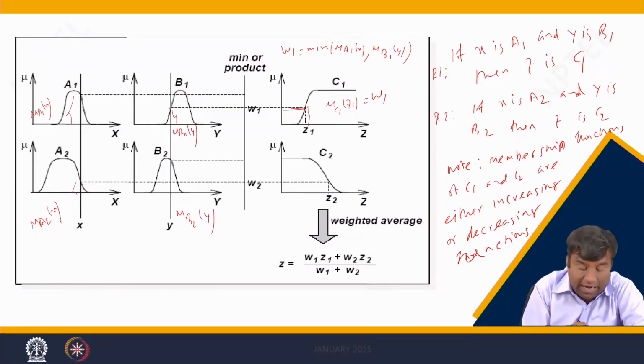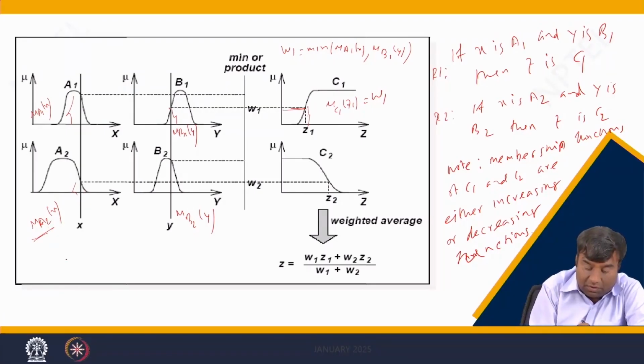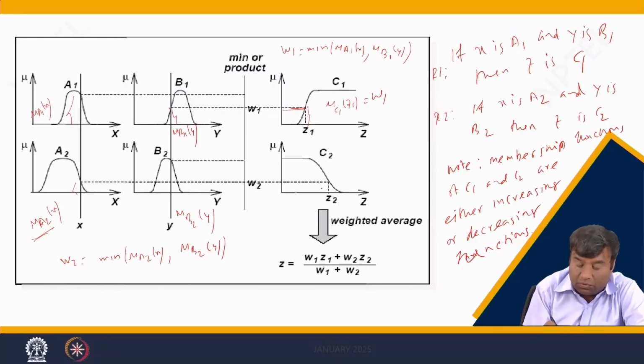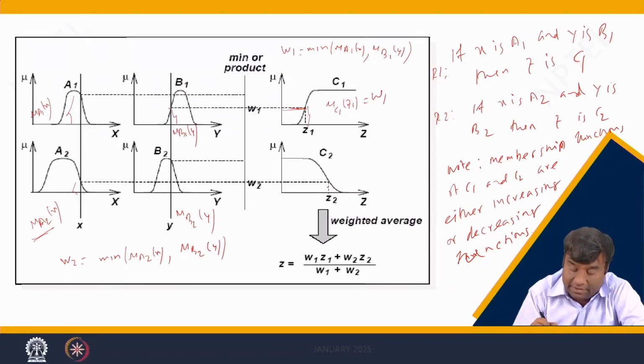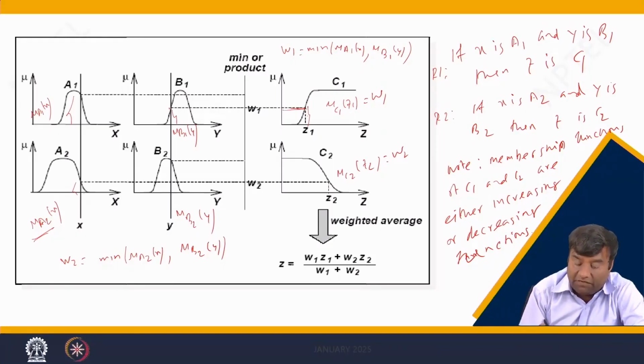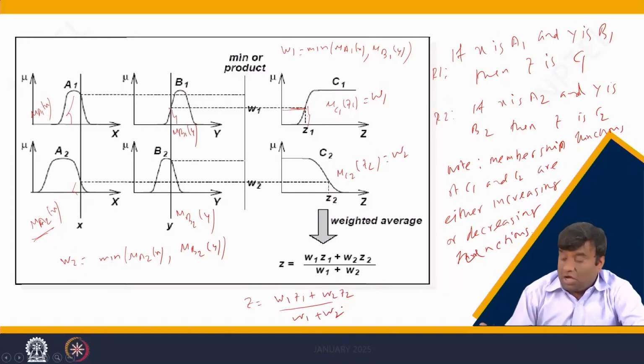Similarly, here it is also AND, so W2 is the minimum value of mu A2 of X and mu B2 of Y. Z2 is such a value, and the function is either increasing or decreasing, so we get a Z2 for which mu C2 of Z2 equals W2. So we get Z1 with W1 and Z2 with W2. Then we take the weighted average, and this is the output value. That is basically the Tsukamoto method.